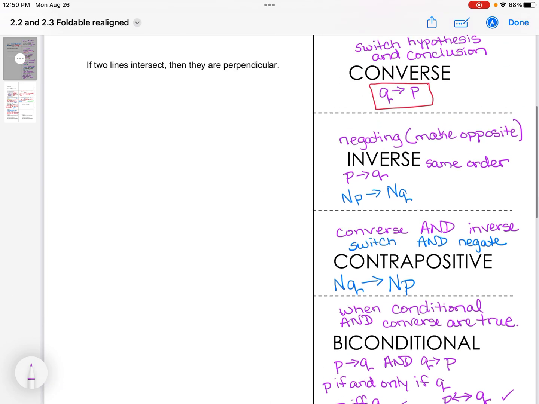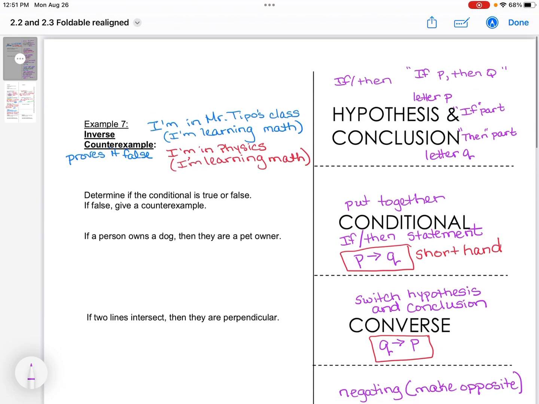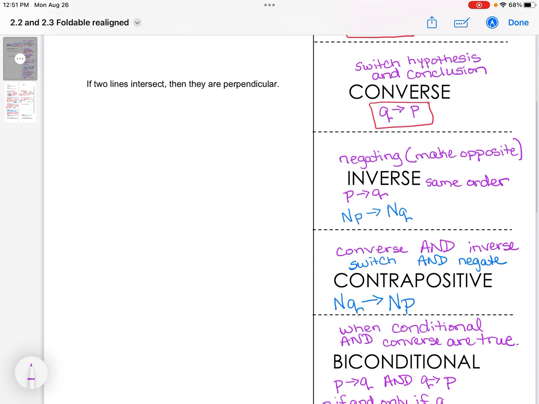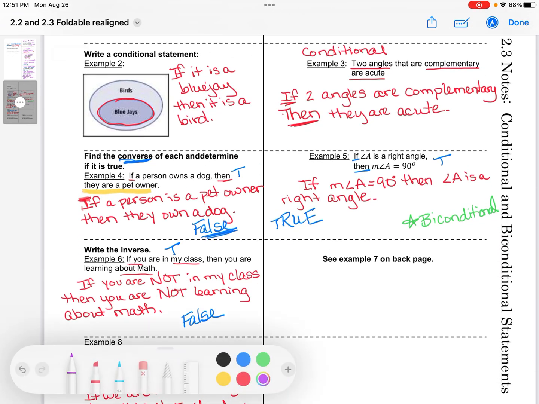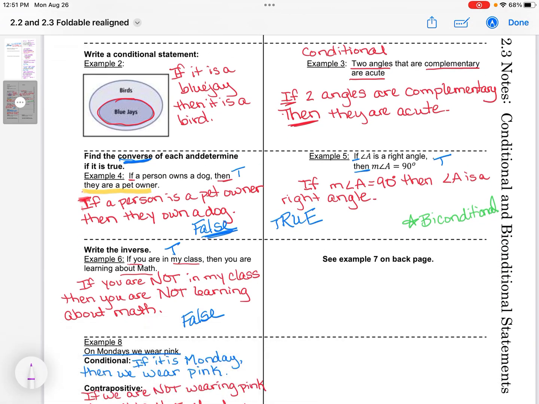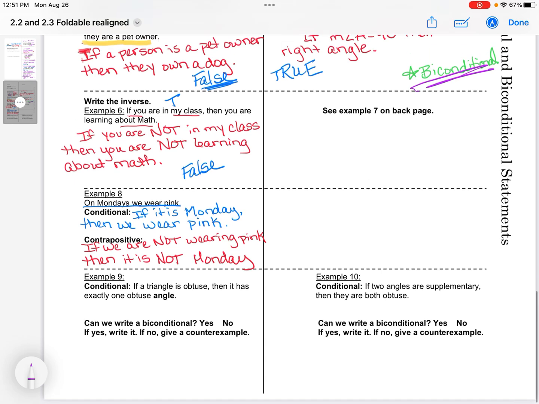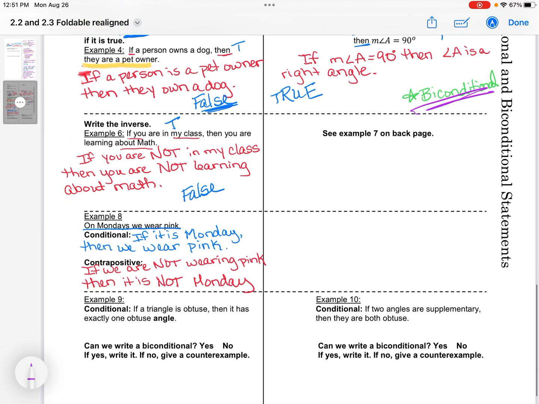Okay, so let's go back up to the one where I wrote biconditional. Where'd it go? Oh, it wasn't up here, it was down here. Aha, okay. So look at this one. Because angle A is 90, it's a right angle. If it's a right angle, then it's 90. So we could write that as an if and only if statement.